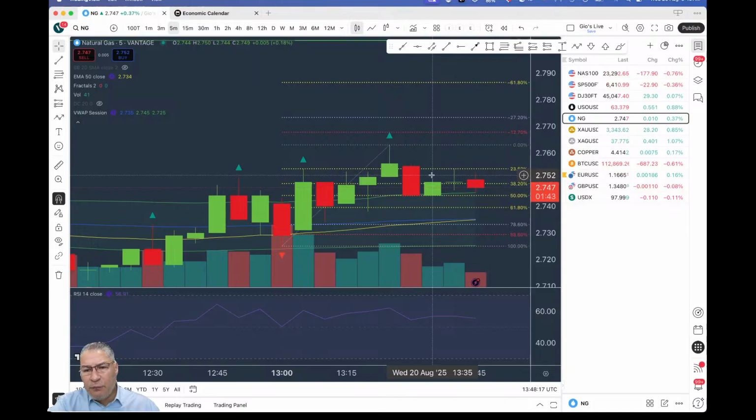But we have a pretty strong challenge here between buyers and sellers in this particular candle, so let's see where this candle will close.